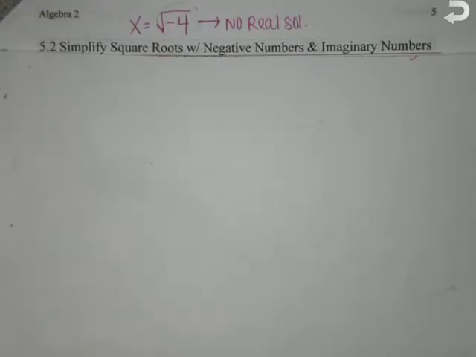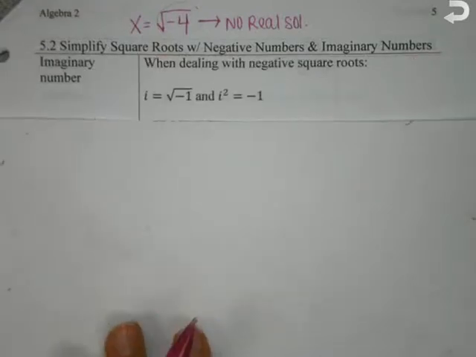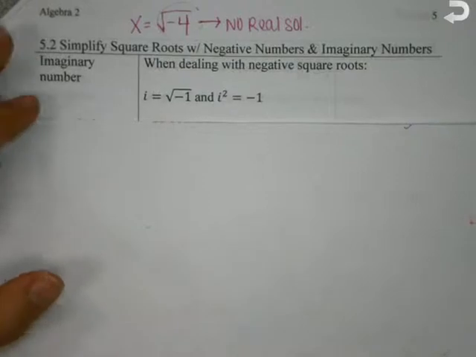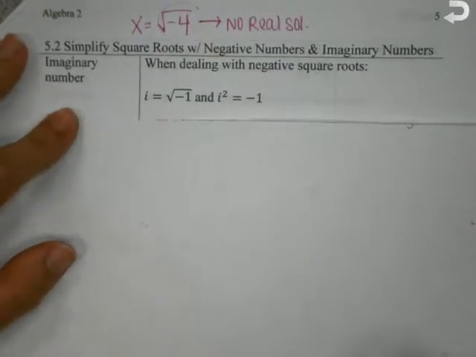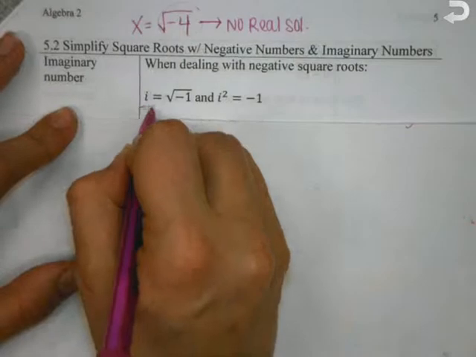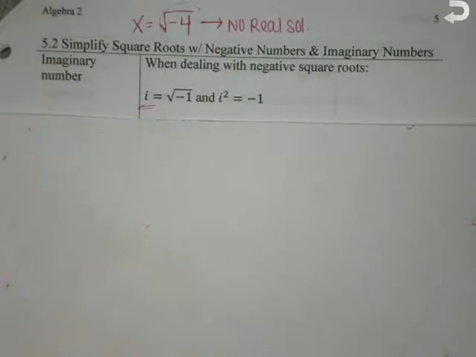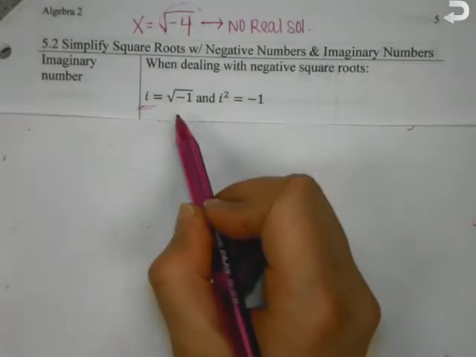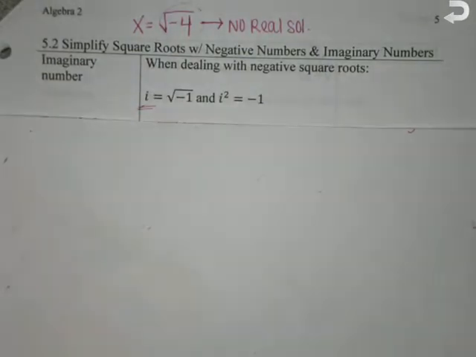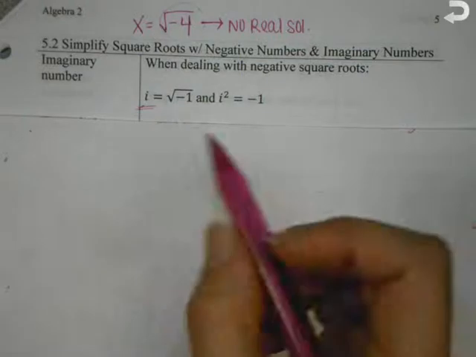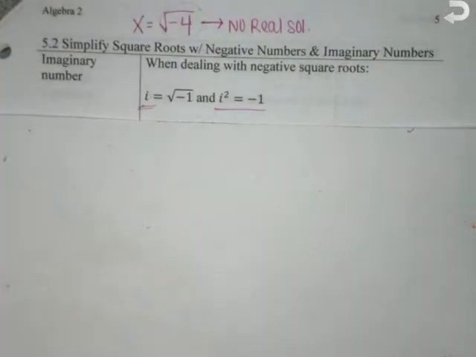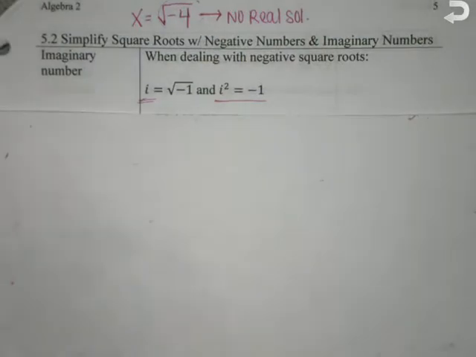So what we need to know for imaginary numbers: when we have negative square roots, we have the letter i, which represents the imaginary number, and that letter i is equal to the square root of -1. So anytime we see the square root of -1, we just replace it with the letter i. Okay? So that means that i squared is equal to -1, which is something we have to have memorized. Okay, so now the rest is all just examples for us. That's all we need to know.